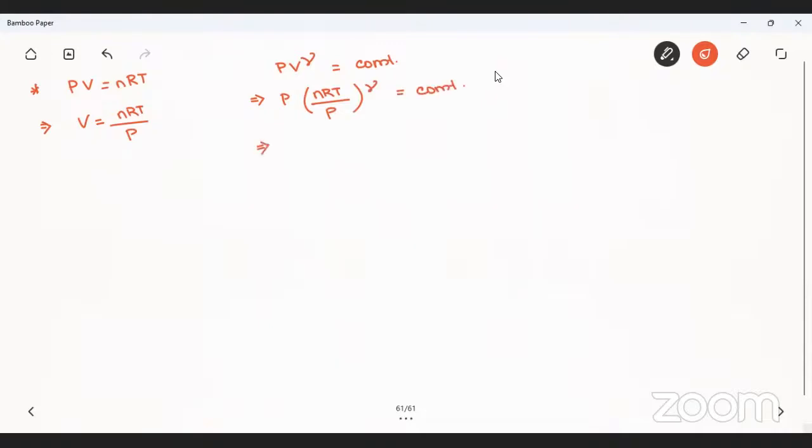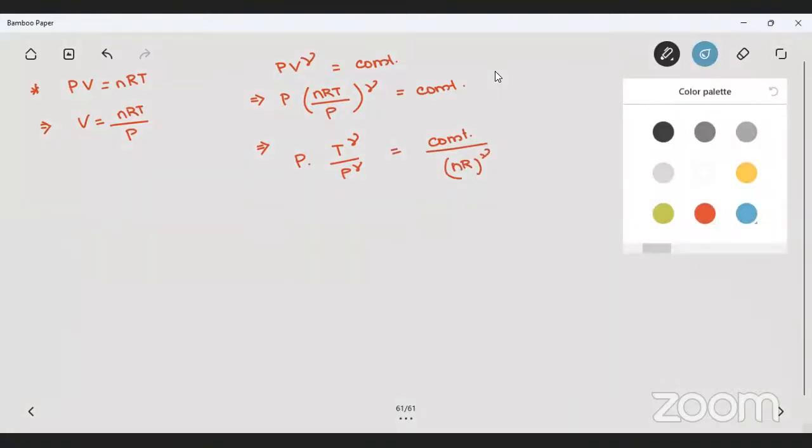Okay. So from this, what can we write? P into T to the power gamma by P to the power gamma, right, is equivalent to constant divided by nR to the power gamma. Can we write like this?